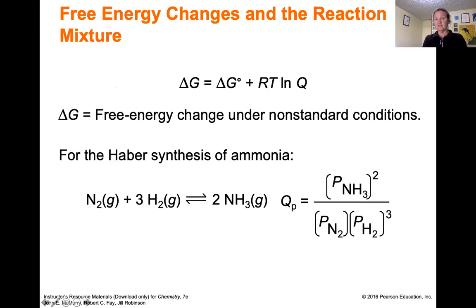It says delta G for any conditions is equal to the standard state delta G change plus RT ln Q, where R is the gas constant, T is the temperature in Kelvin, and Q is the reaction quotient from our chapter 13. For this particular reaction, it's the pressure of ammonia squared divided by the pressure of nitrogen and the pressure of hydrogen cubed. Each of those has to be in units of atmospheres to go with the numbers that come out of our book.